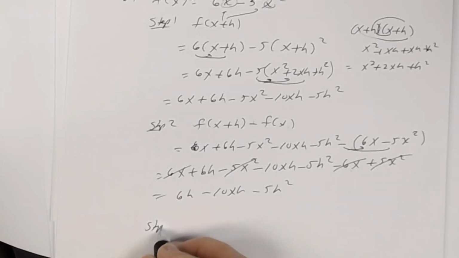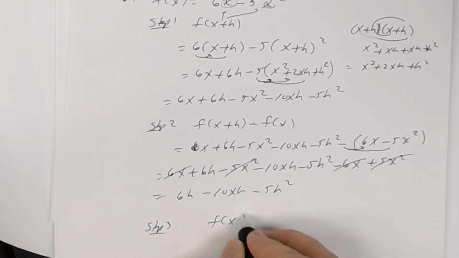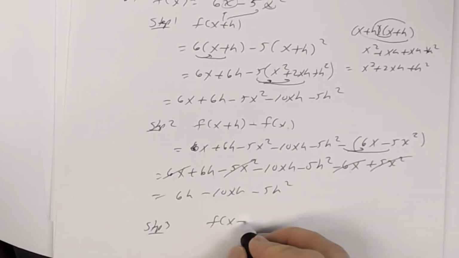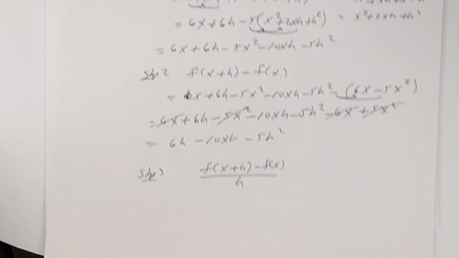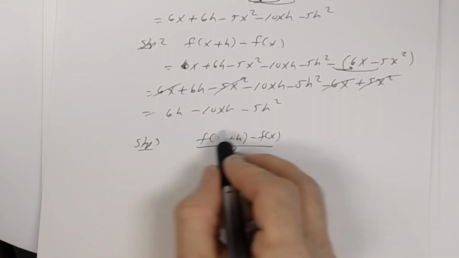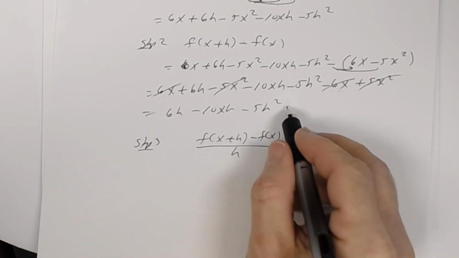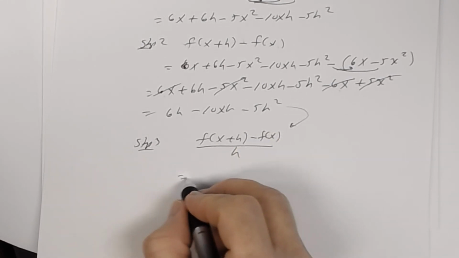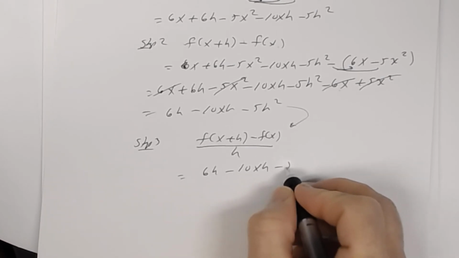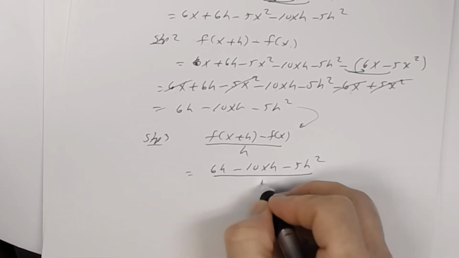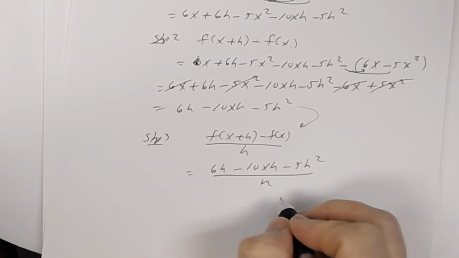Step 3 now is where you divide step 2, the numerator, by h. Okay? And so there's your numerator right here. That goes here. So that becomes 6h minus 10xh minus 5h squared, all divided by h. All right, you have to show that.